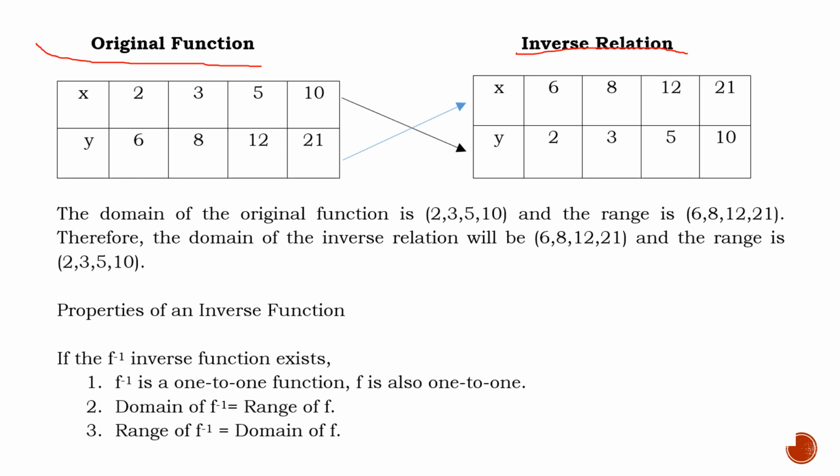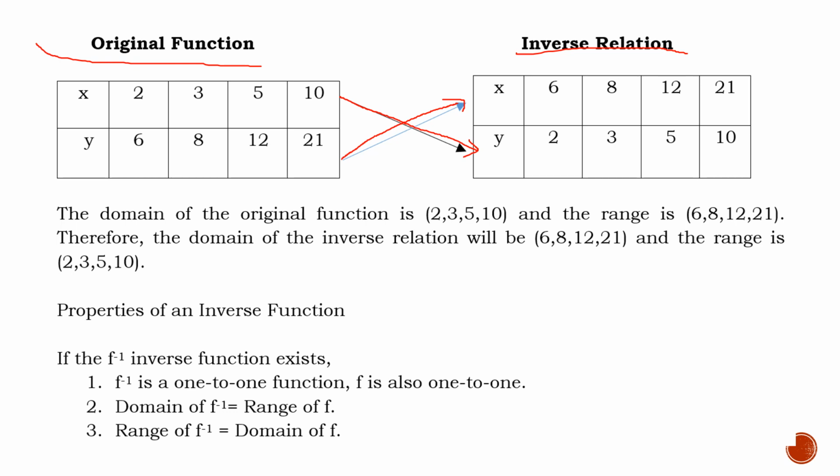As you can see, dealing with your inverse relation or inverse function, we just swap or switch the values of your x and y. So your domain in your original function becomes your range in your inverse function, and whatever your range in your original function will be your domain in your inverse function. That's simple when you're dealing with your original and your inverse function or relation.